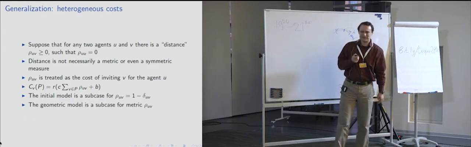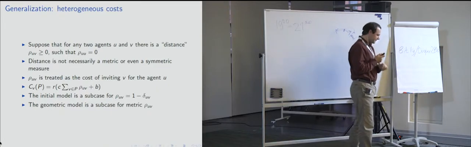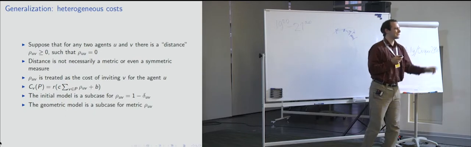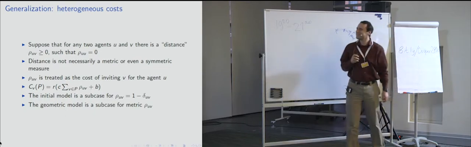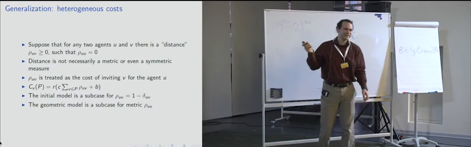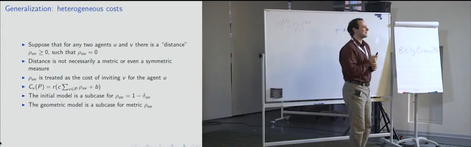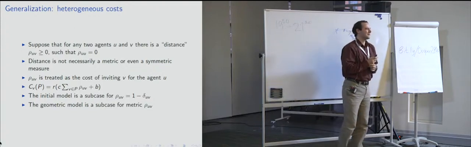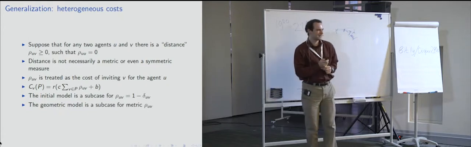And this idea may be generalized. For intuition, there is just a distance, not a real distance, but some coefficient, some multiplier. It may not be a metric. It may even not be symmetric.